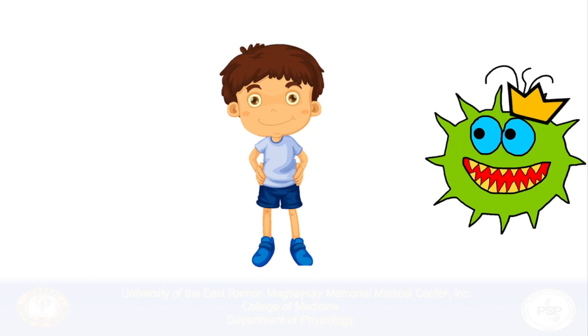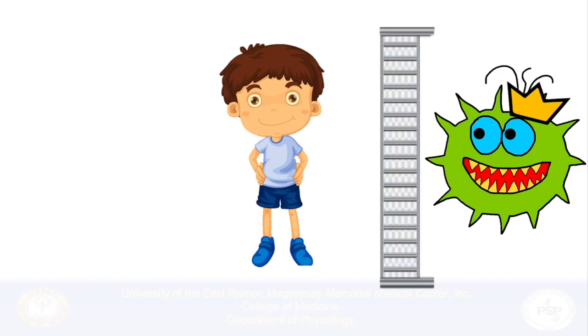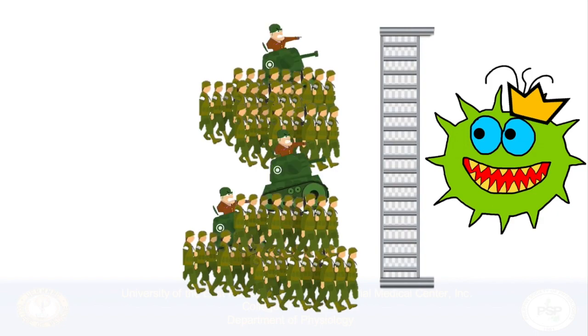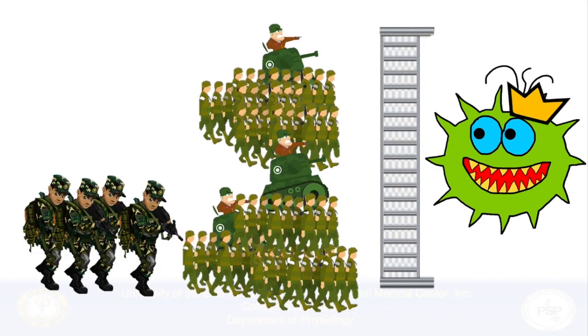So there are actually several lines of defense. First one, there are barriers. And then we also have the foot soldiers, and we also have the tanks. And after some time, the special unit would come into play.